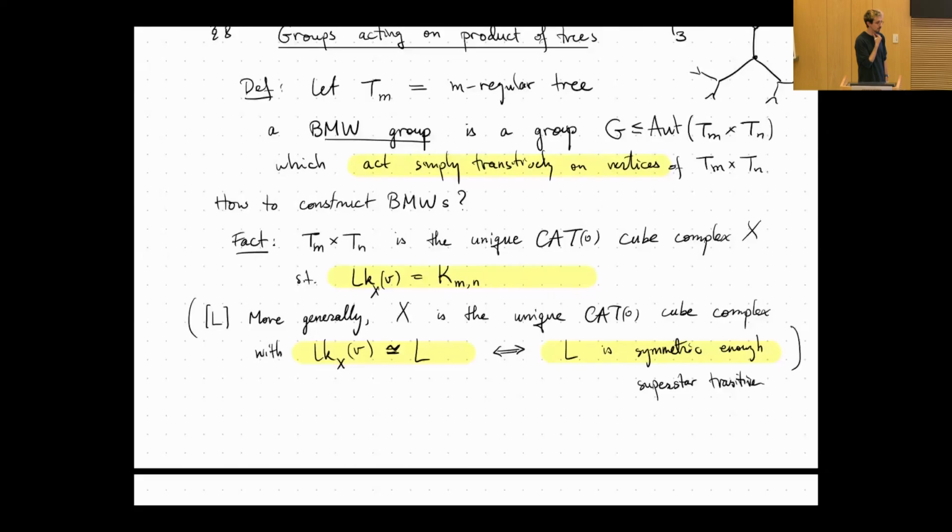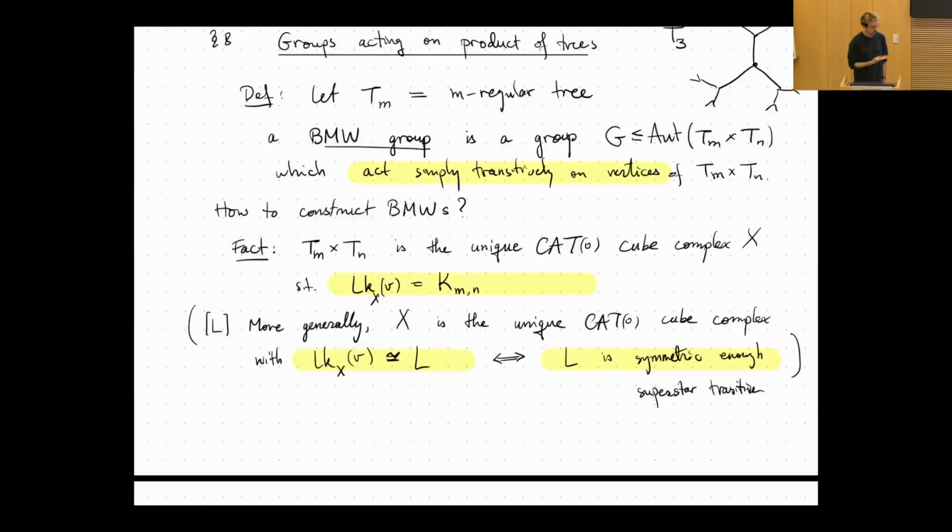So the existence of a complex with a given link type can be done generally using the Davis complex of the right-angled Coxeter group of this link. And for uniqueness, you need that. And I mean, the reason I'm mentioning this fact is that what we'll actually build is the quotient of the complex by the group, and we need to make sure that the one vertex that's in this quotient has the right link.